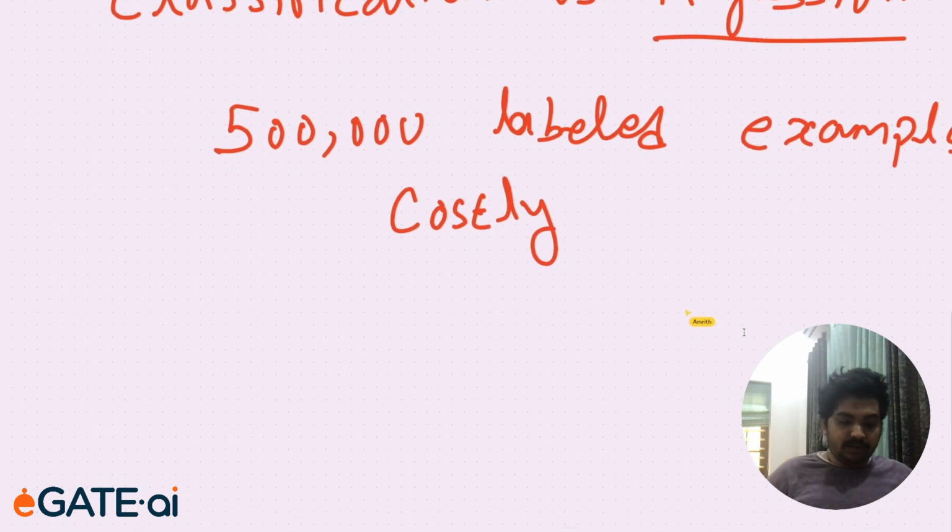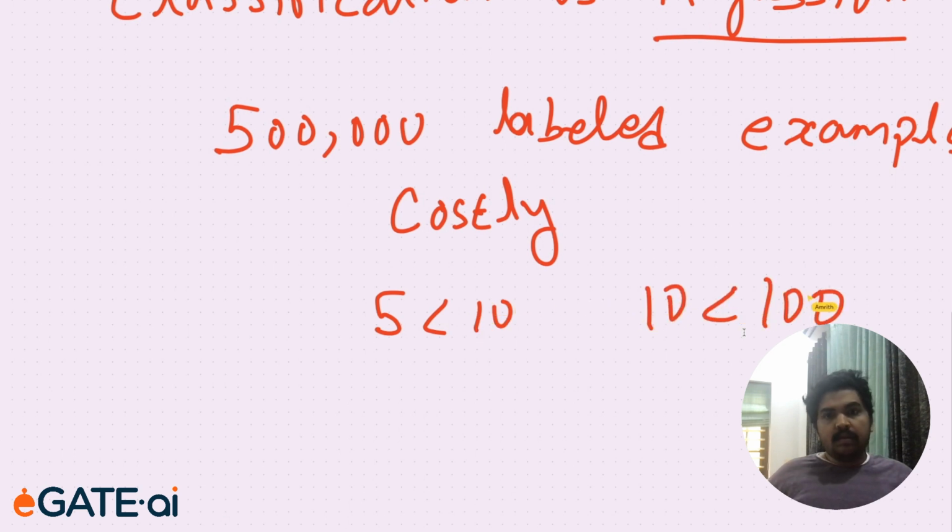Say I know that 5 is less than 10, and that 10 is less than 100. But in a classification task, this information, that is the relation between the labels, is generally not captured. In a regression task, it can be captured.